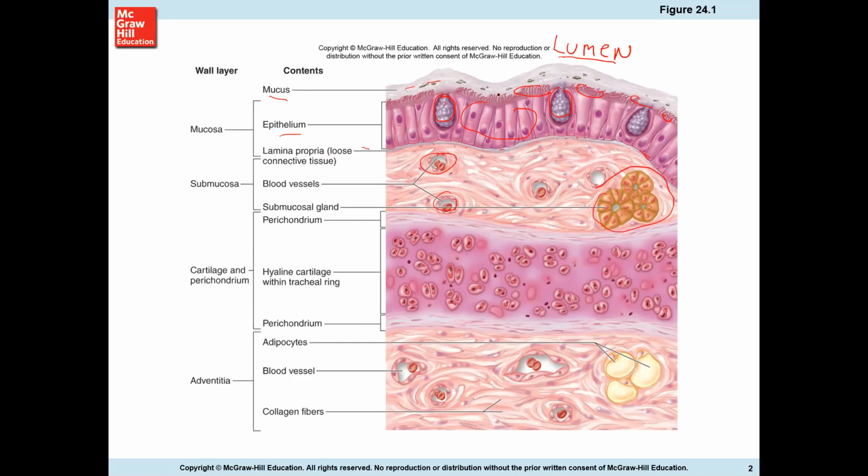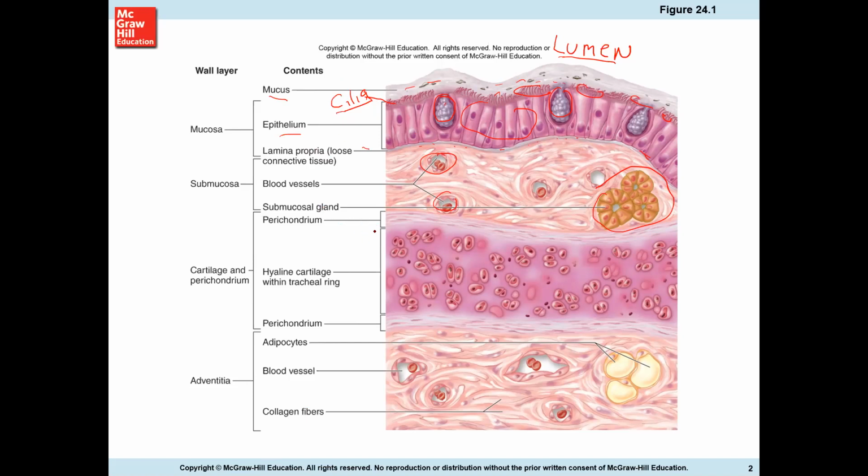So the cilia on the pseudostratified columnar epithelium is to move the mucus along the lumen or anything else that gets in the way. So cilia, which is these little hair-like structures, proteins, are for movement, not absorption. Like you learn in the digestive system that microvilli in the small intestine is more for absorption. So remember, cilia is for movement.